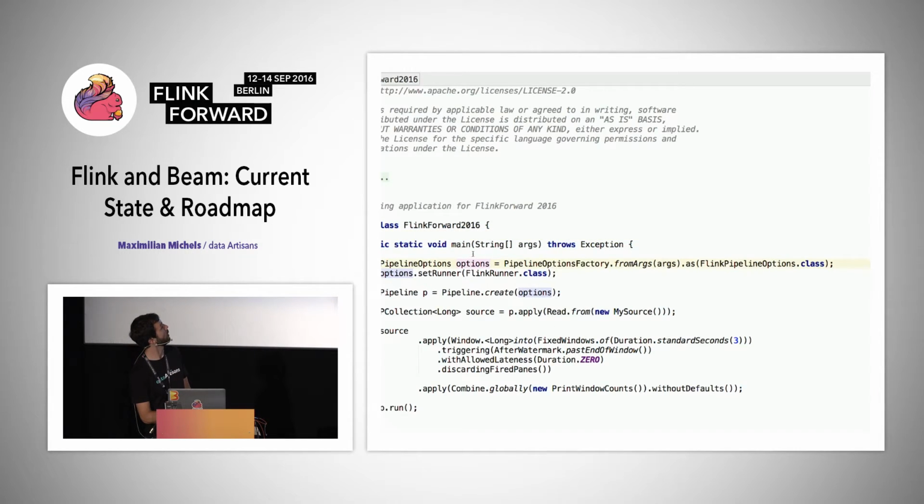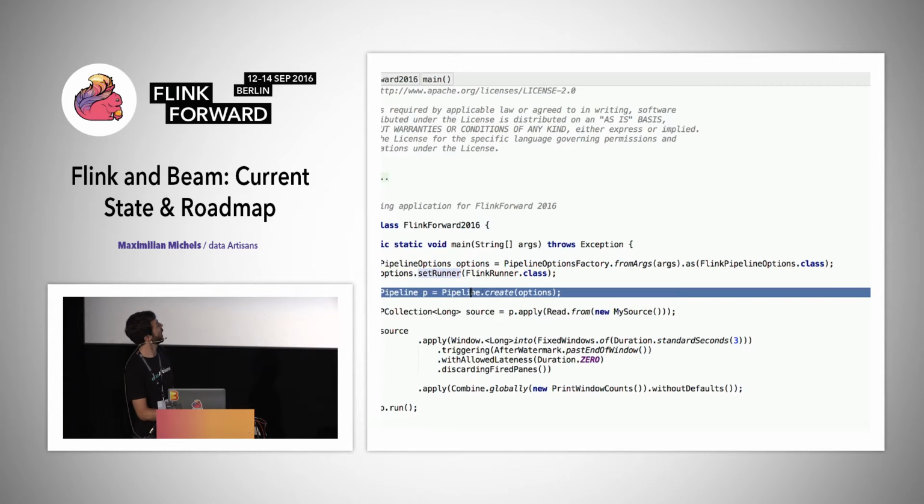So I'm instantiating the pipeline options from the arguments, in case I want to parameterize my Beam job, and then I simply have to set the runner on the options.